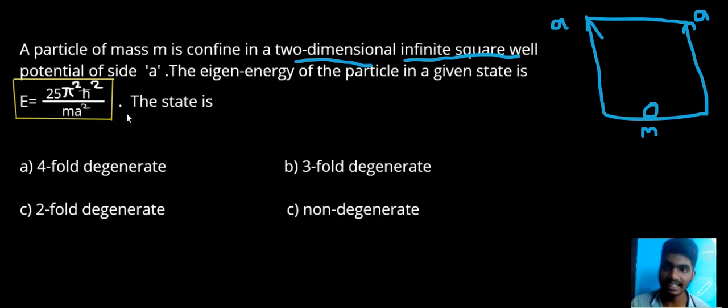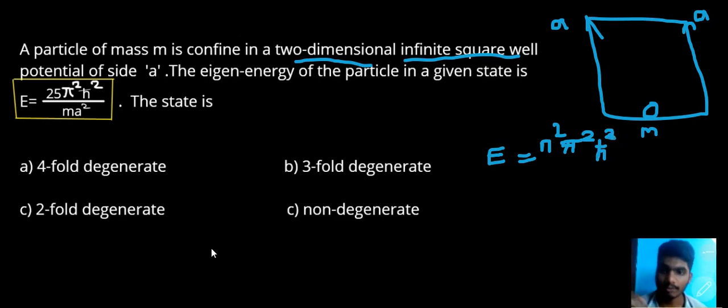We know this energy, E is equal to n square pi square h bar square. What is meant by h bar? h is the Planck's constant, but h bar refers to the Planck's constant divided by 2 pi.